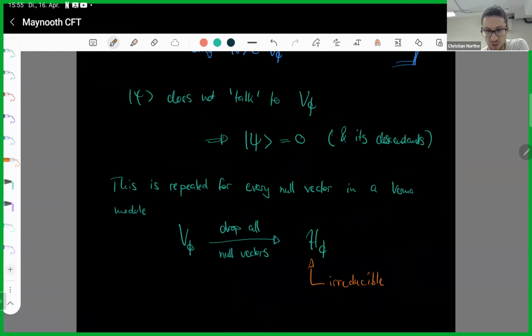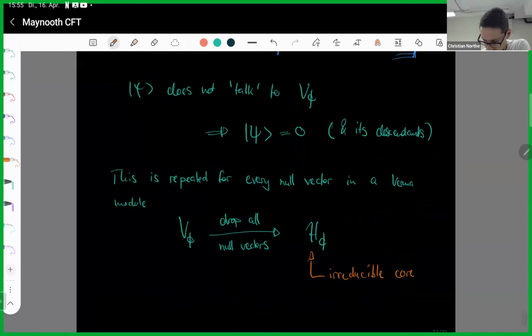You just say irreducible representation, but I think it clarifies what's going on here. So this is the irreducible core of the Verma module of phi. And that's what we're going to mean by irreducible representation of the conformal family. When I say conformal family, I'm going to mean just this irreducible stuff. I'm going to exclude from that notion the null vectors.